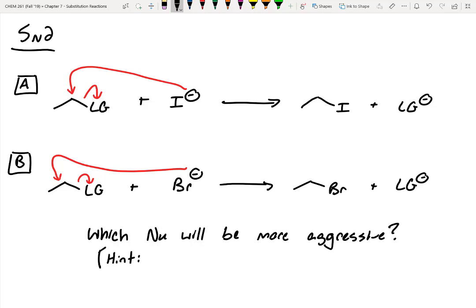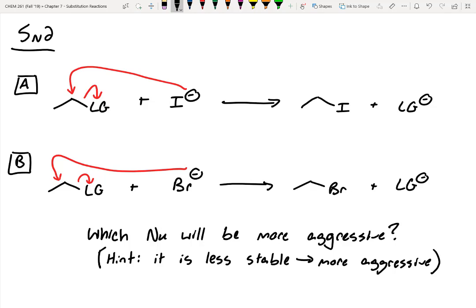I'll give you a hint. Okay, if something's less stable, it's going to be more aggressive. Which one's going to be less stable with a negative charge? Br minus or I minus?